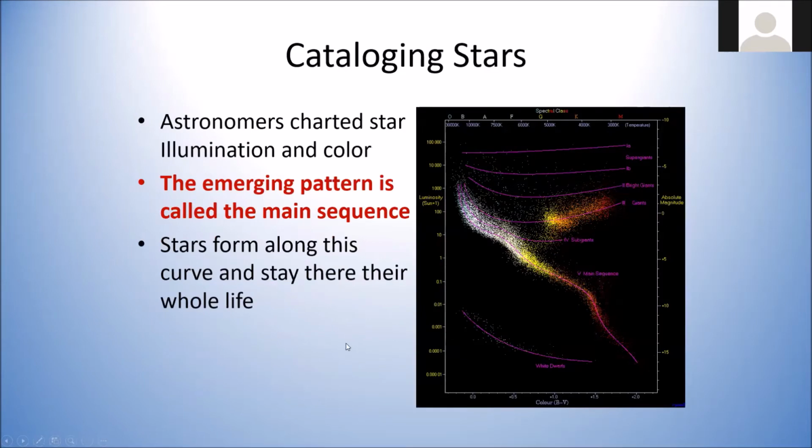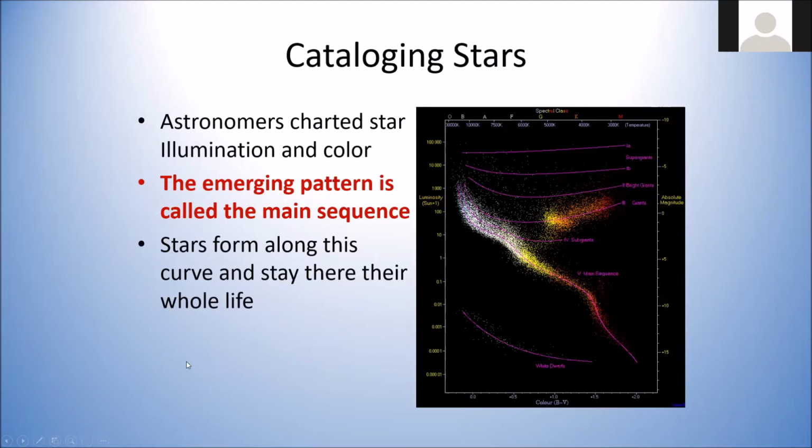So astronomers, ever since they started looking at stars back in the 1600s, have been trying to chart the stars and find some pattern about them and understand what their origins are. What they did here is chart the illumination on one side and the color of the star on the other.